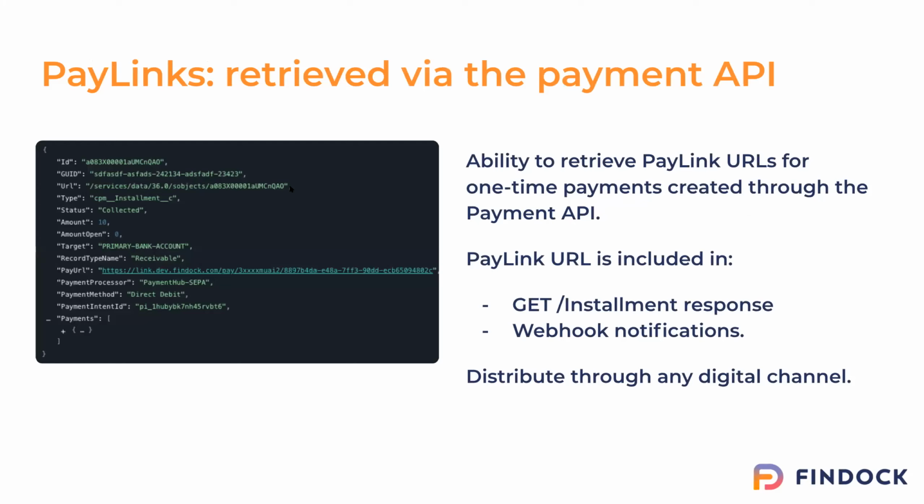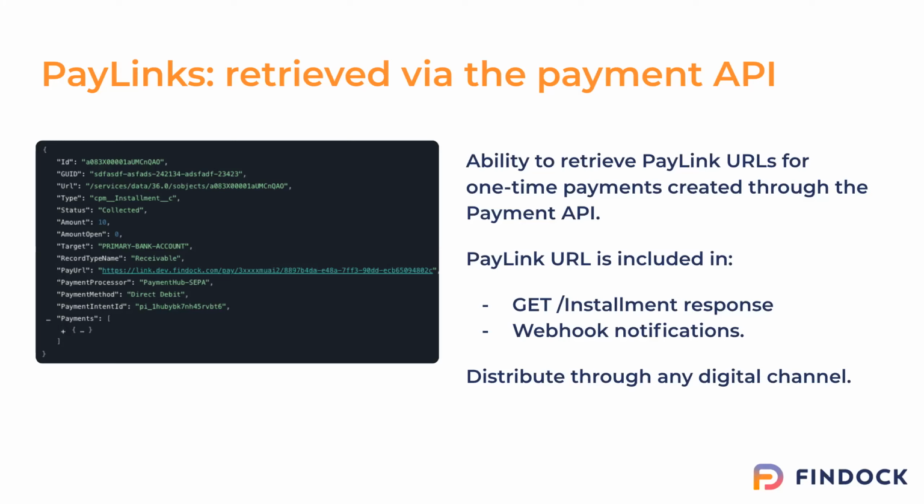Now, on the bugs and enhancements, there were many in this release, because in the backend we have been working on Giving Pages for quite a while already. But one of the notable changes we made is that when you use our payment API, you can get webhook notifications notifying you of changes in FinDock that we send to your web apps. Or when you make a GET on FinDock, we give you the details of certain installments and donations in the system.